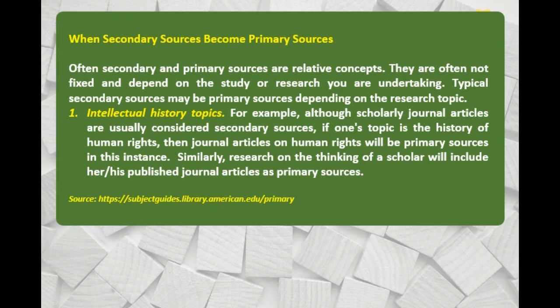Next, similarly, research on the thinking of a scholar will include her or his published journal articles as primary sources. If you are discussing a famous scientist in your country, you can use his or her published articles in journals as your primary sources because they are a product of their thinking.